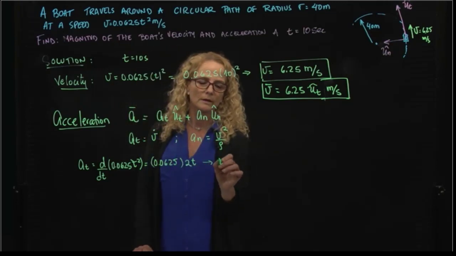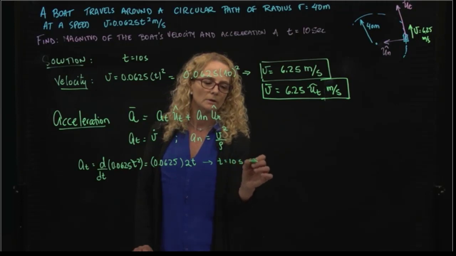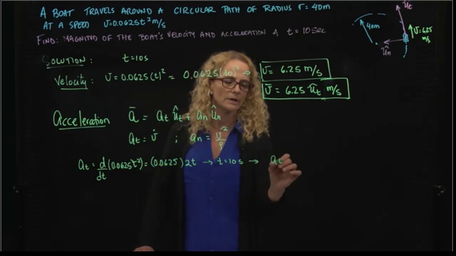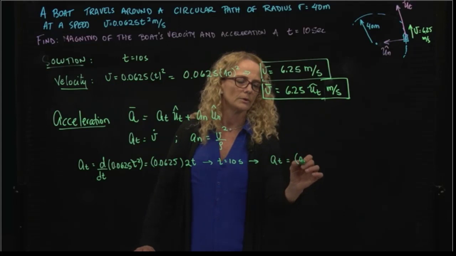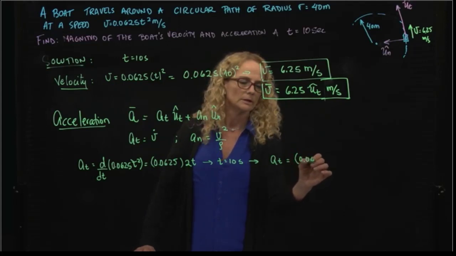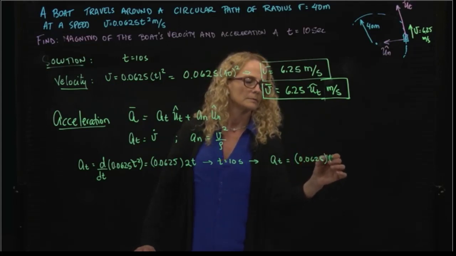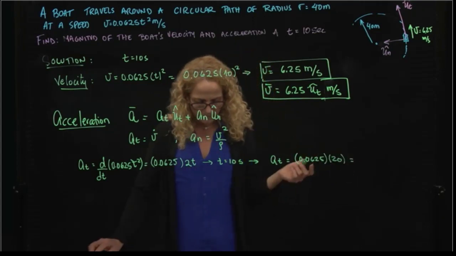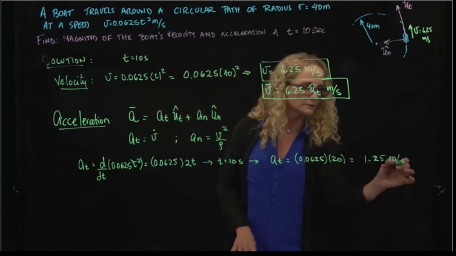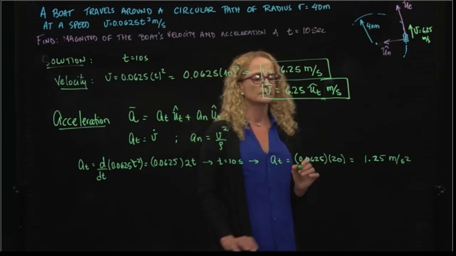Substitute for t equals 10 seconds. We get that our tangent acceleration will be 0.0625 times 20, right? And that gives us an acceleration of 1.25 meters per second squared.